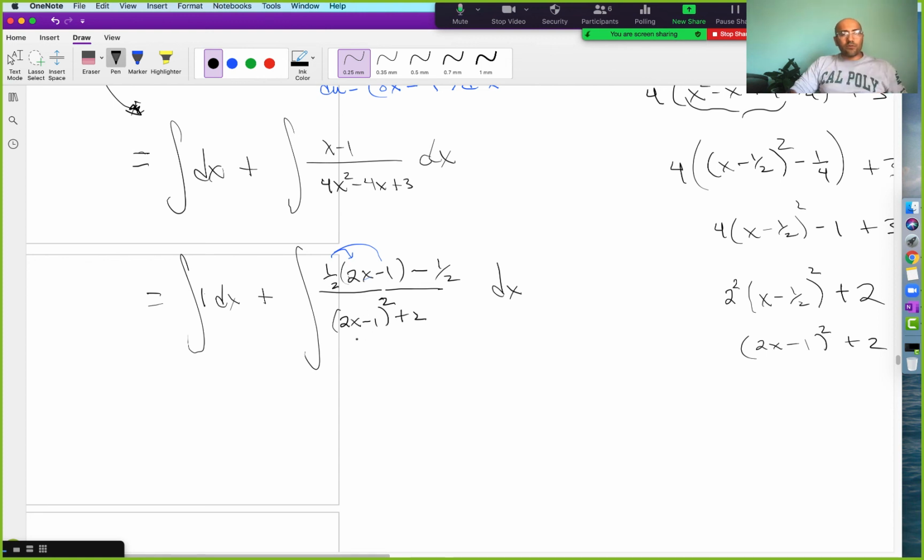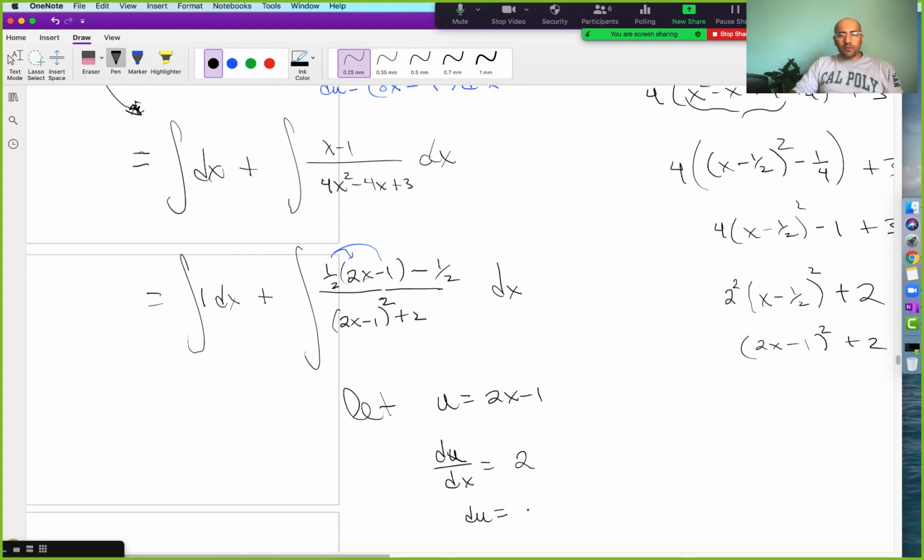Okay, so then I can factor out the half. And so I can do a u substitution. Let's let u equal 2x minus 1, so that I end up with u squared plus 2, and there's a u there. And its derivative, du/dx, is equal to just 2.